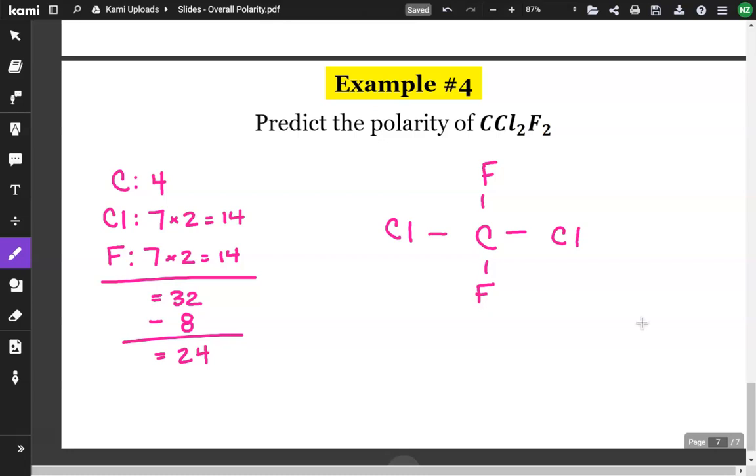Fluorine and chlorine both need 8, so they're going to need 6. Let's go ahead and give each one 6. And then 6 times 4 is 24. So we will have used up all of our electrons.